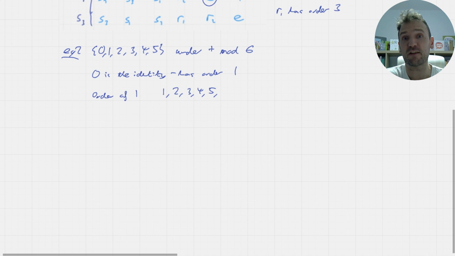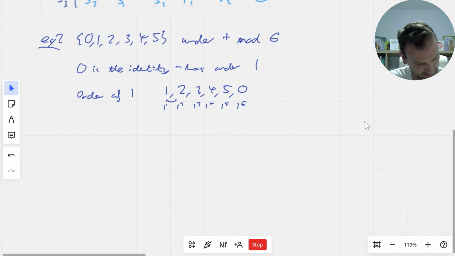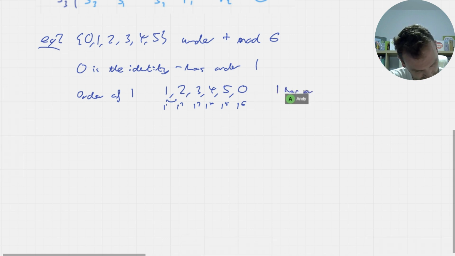And then 1 plus 5 modulo 6 gives us 0. So this was really 1 to the 1, 1 squared, 1 cubed, 1 to the 4, 1 to the 5, and this was 1 to the 6. So we had to add 1 six times to get to our identity element here. So 1 has order 6.